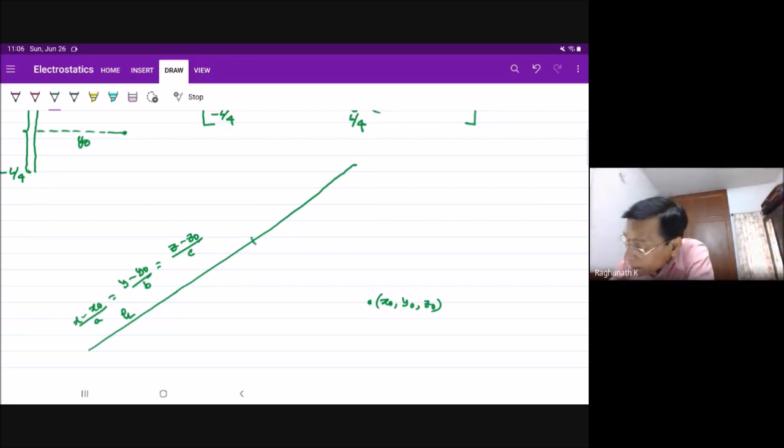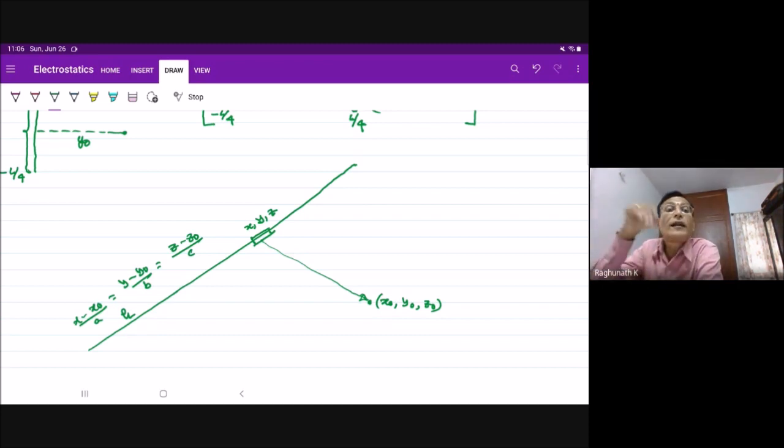I have to consider a differential element at any x, y, z, and I should talk about the vector from a general position to x naught, y naught, z naught.